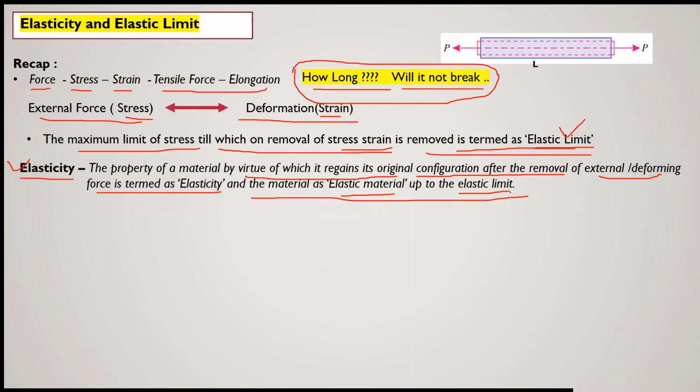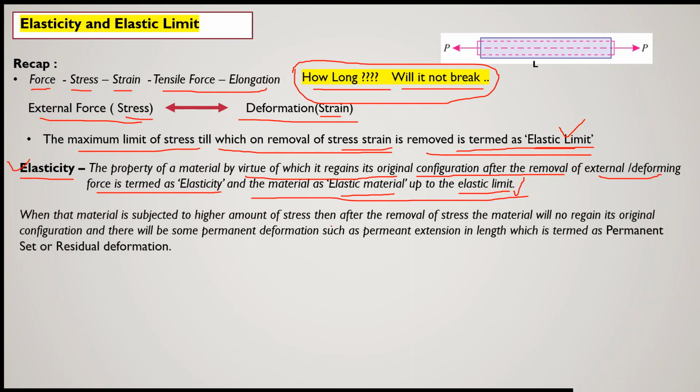And again I am repeating, the maximum stress up to which a material behaves like this is known as the elastic limit. Let us understand: when an elastic material is subjected to a higher amount of stress, beyond the elastic limit, then after the removal of stress the material will not regain its original configuration.